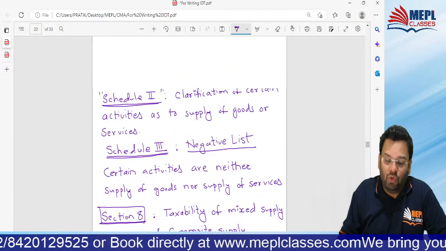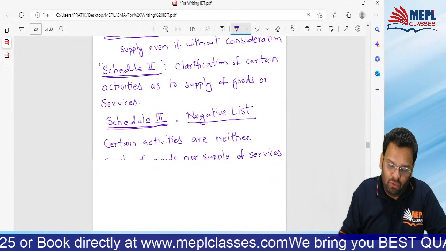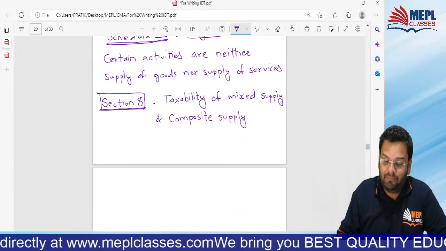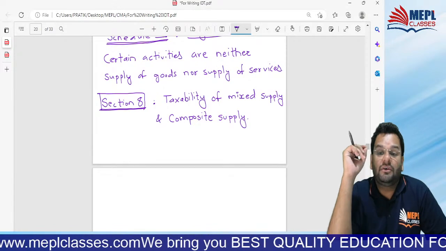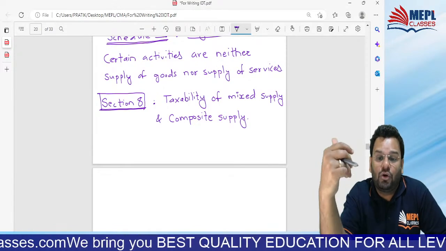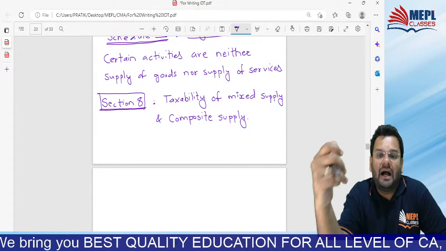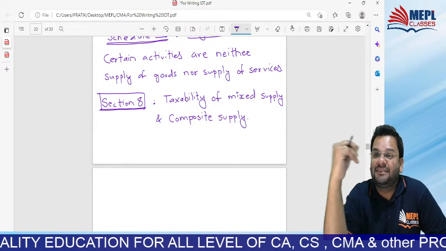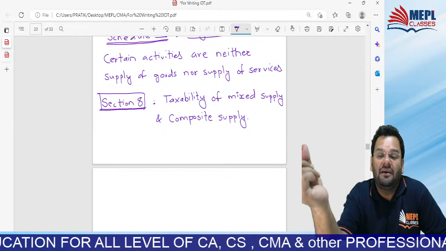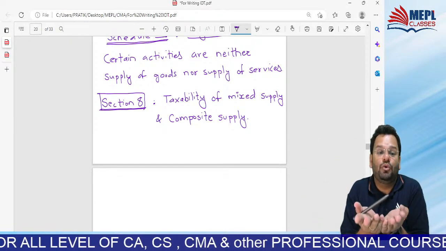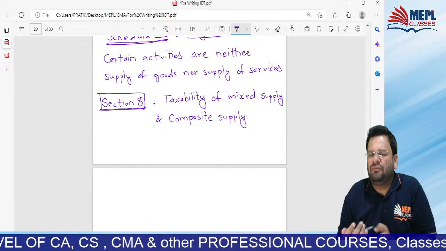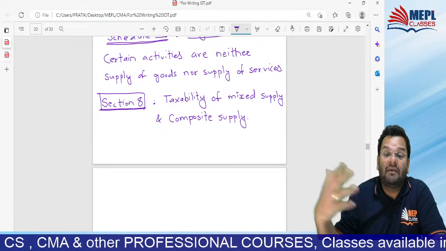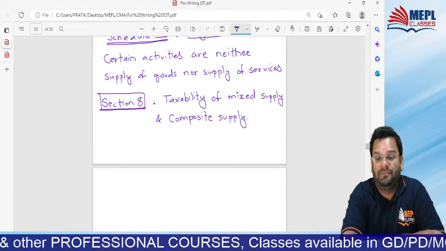I will give you an example. Suppose I have booked a flight ticket. I'm sitting in the flight and it's a ticket of say Air India, and Air India serves me food. I had not booked the food specifically, but they have given food complimentary.